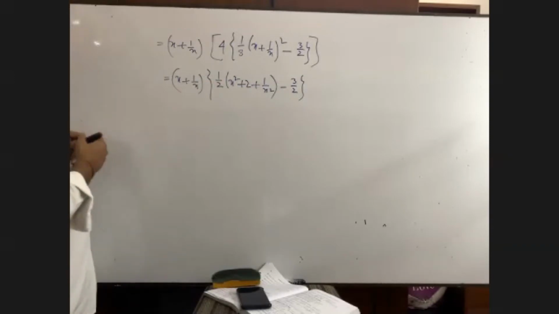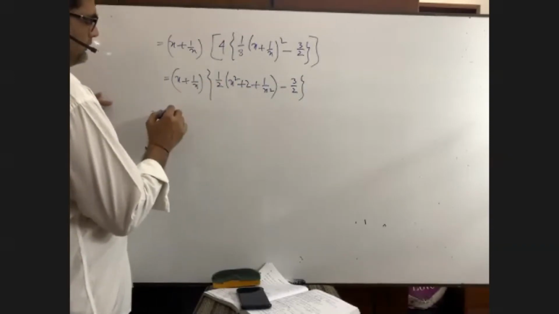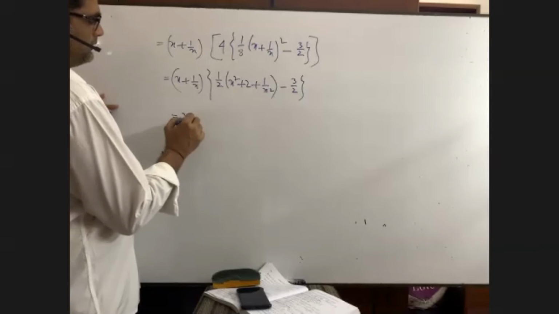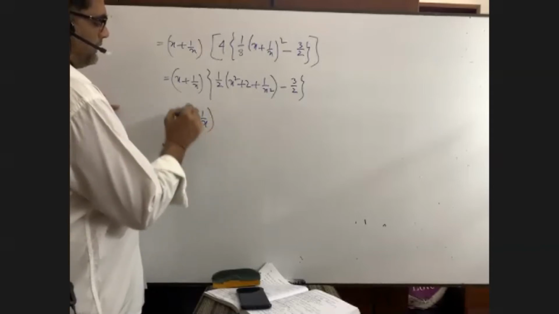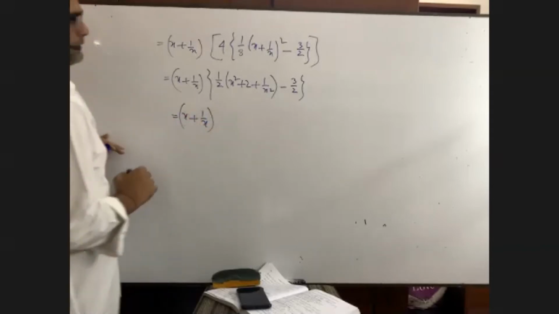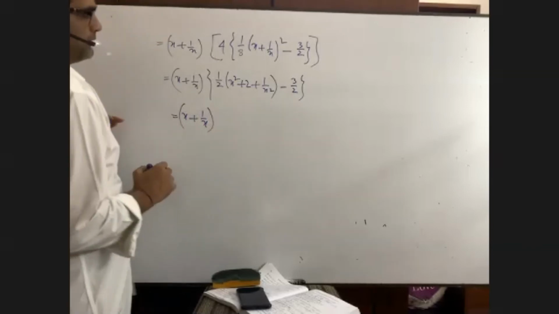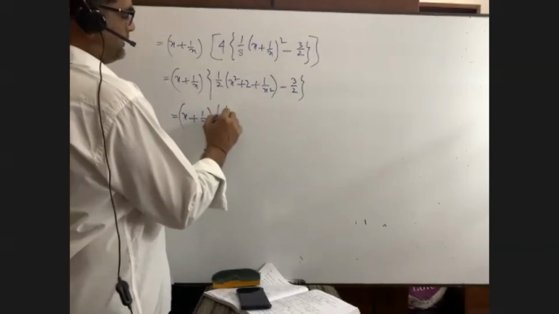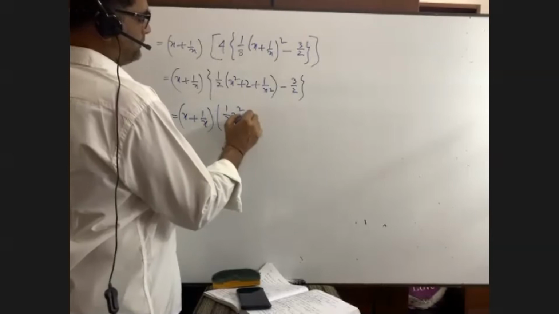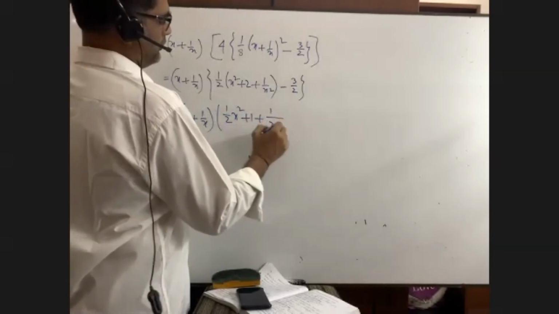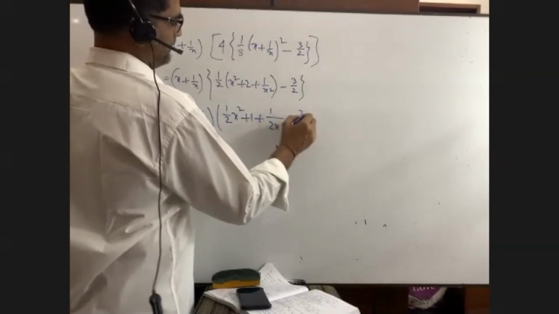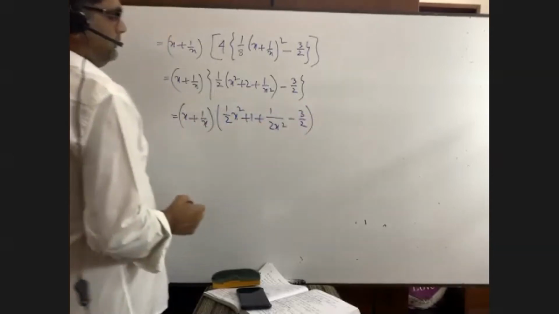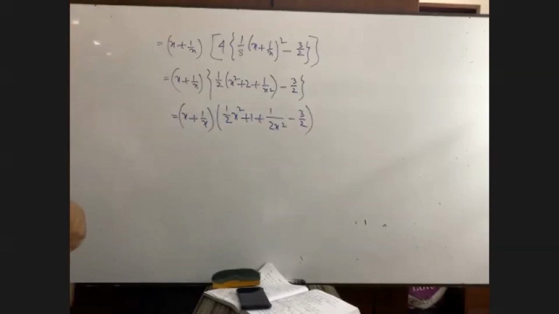Okay, x plus 1 by x, calculate. It will be what? Half x square plus 1 by 2x square minus 3 by 2. Calculate.